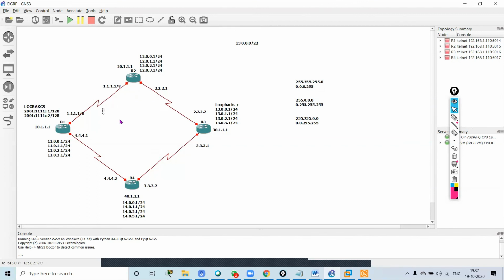Between R1 and R2 you will be using something like 2001:12:X, you can use anything, I'm giving the network. Between R2 and R3, you will be using 2001:23:X/64. Between 3 and 4, you will be using 34.